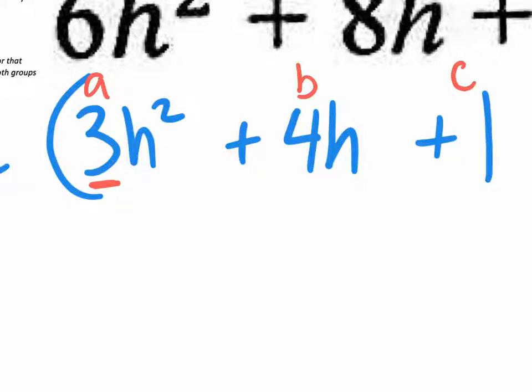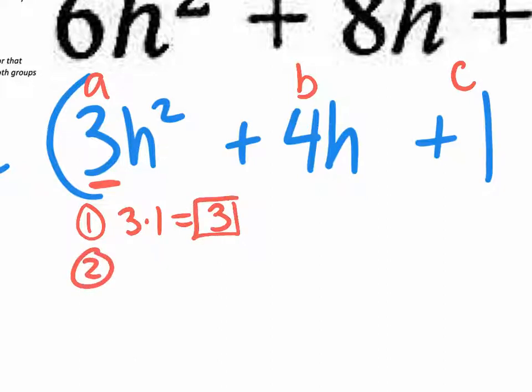I'm going to go through the multi-step process of factoring this the long way. Step 1, multiply a times c, that's 3 times 1. I get 3. Step 2, think of the multiples of that number 3 that combine to give you 4. It says make a list on your instructions, but it's just one possibility, 1 times 3, right? And if you add 1 plus 3, it does give you 4, right? So I'm going to rewrite, this is step 3 right here.